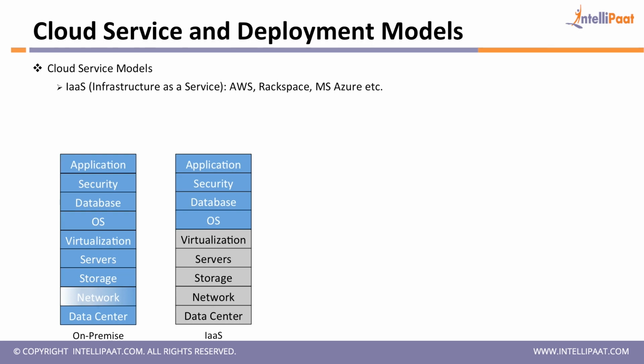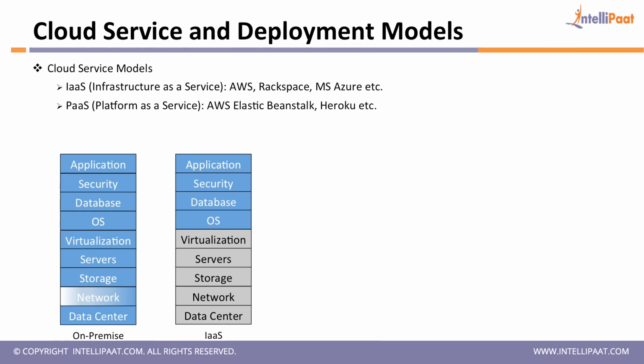Of course, it has some other service models also, but we're talking about infrastructure as a service here. They provision the data center and the network, they acquire all the storage, they build the servers and create the virtualized environment. On top of it, we install the operating system, our application, and database, and we implement our security best practices. So that is infrastructure as a service.